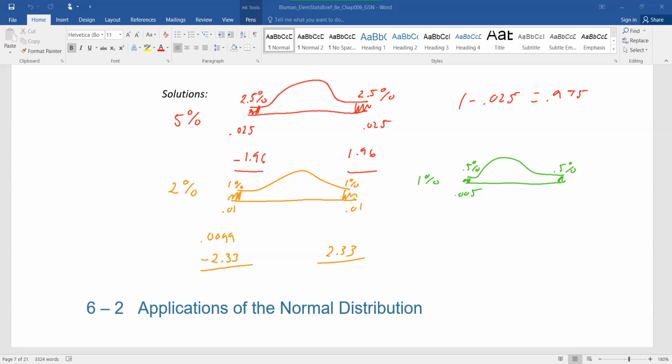I don't have the chart up right now. Let me look at your charts. Let's start off in the negative version. It's 0.005, correct?